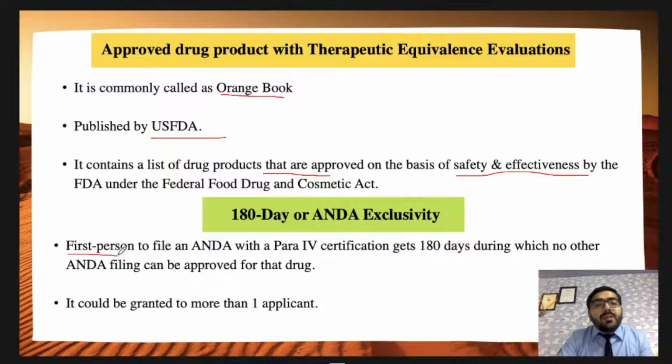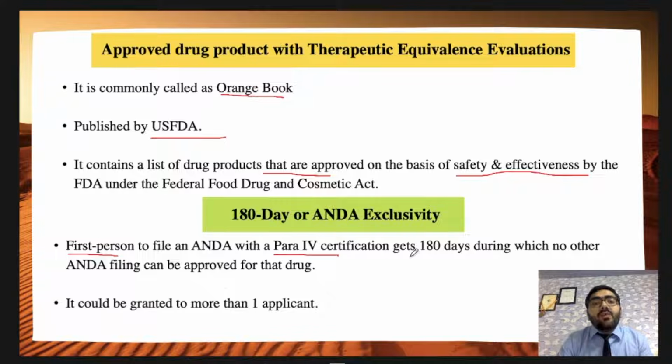When the first person files an ANDA, which is for a generic drug, an abbreviated new drug application, with a para 4 certification, they get 180 days during which no other ANDA filing can be approved for that drug.